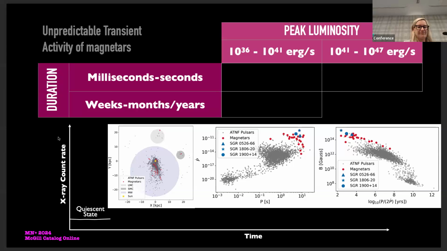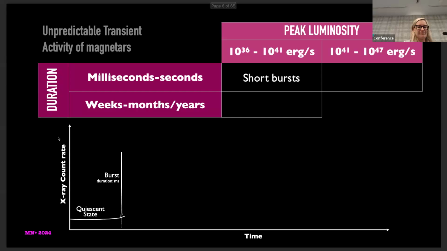Afterwards, they lose this powerful magnetic field, and they are not magnetars anymore. They stop being active. And what's important, of all these known galactic magnetars, they have been discovered mostly thanks to their transient activity. So the quiescent state is quite faint.